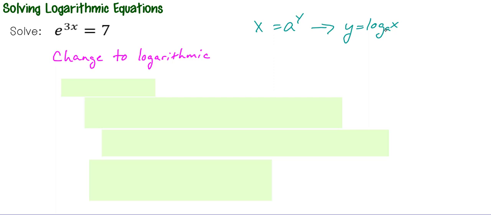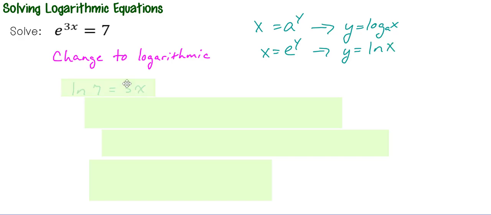Now in this case, we have a logarithmic base of e. So we know that we can use the natural logarithm. Okay, so x equals e to the y would become y equals ln x.